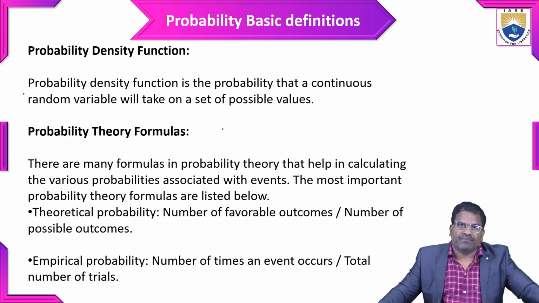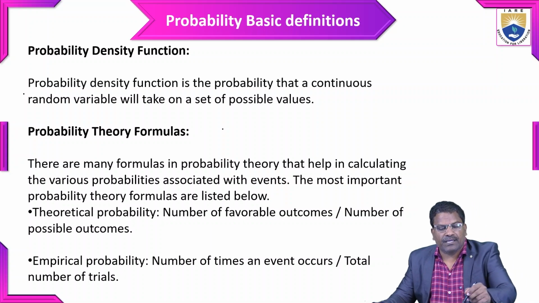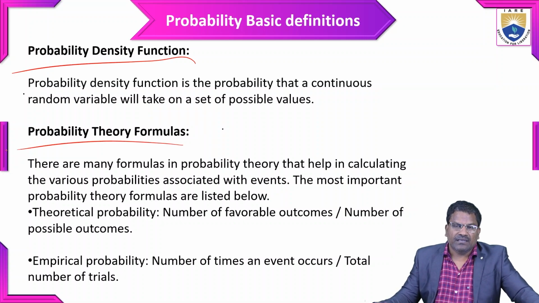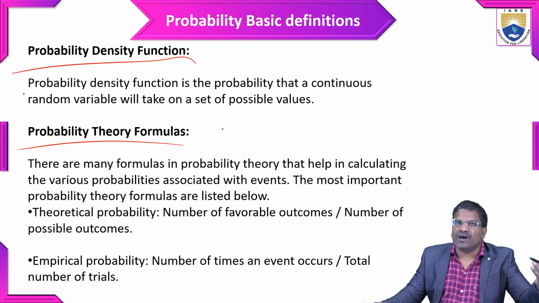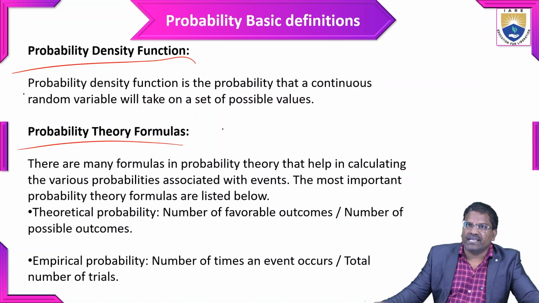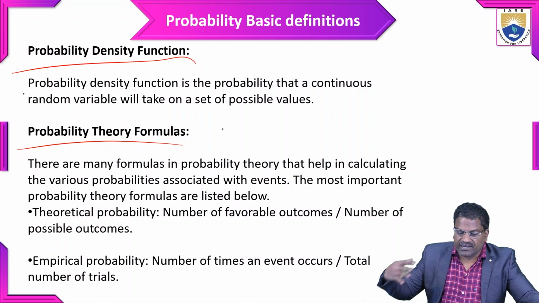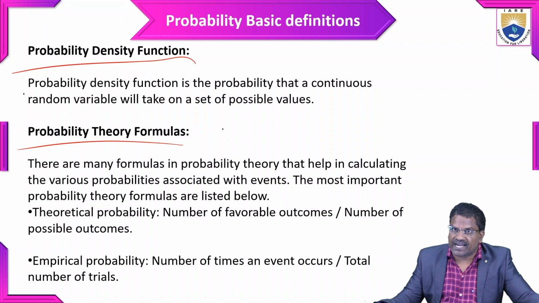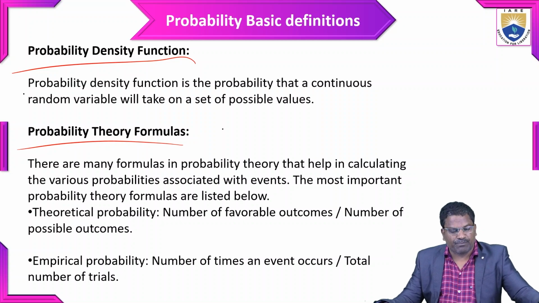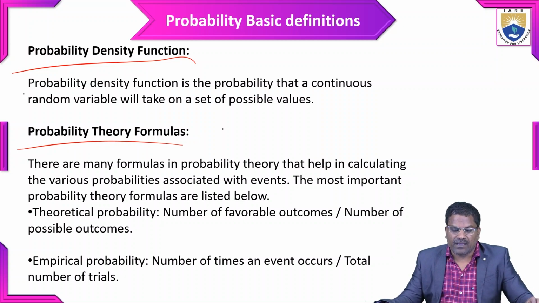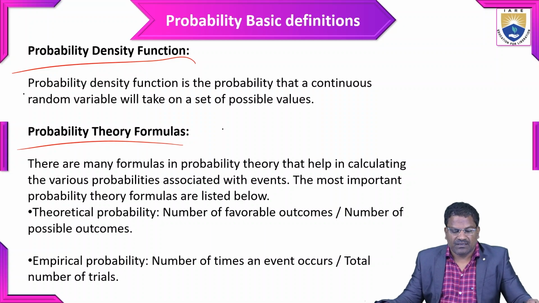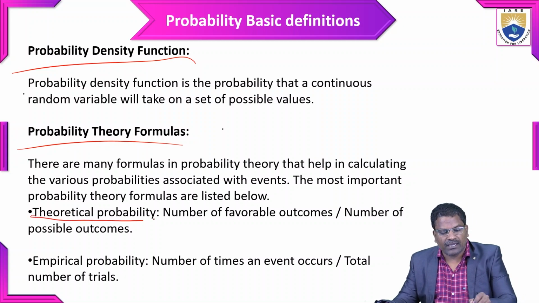Now let us see probability theory formulae. There are many formulae in probability theory that help in calculating the various probabilities associated with events. The most important probability theory formulae we can see here. Theoretical probability. What is theoretical probability?